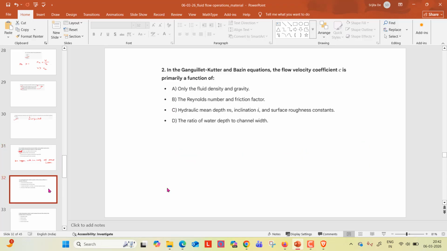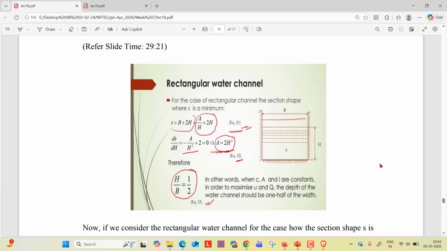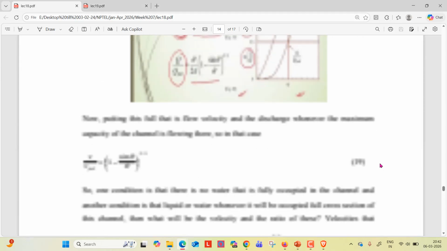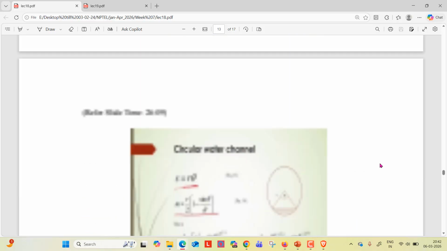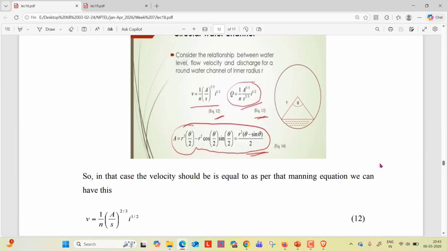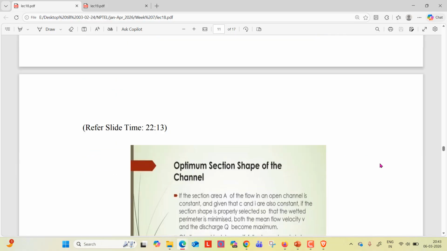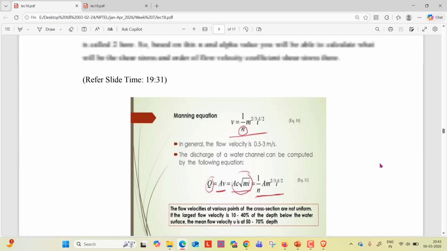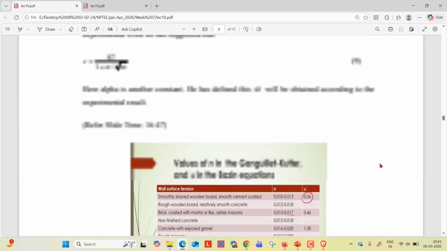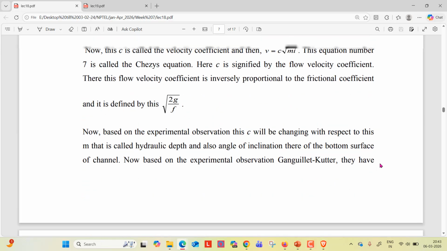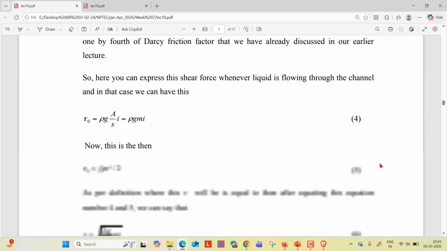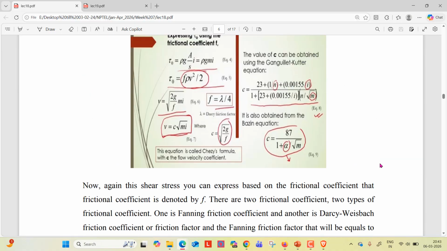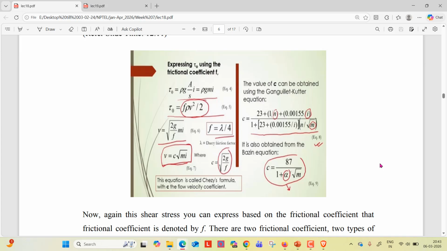The next question, the Gutra basin equation we are going. This is the Manning equation. Here comes the M, I and N, you can see, right?